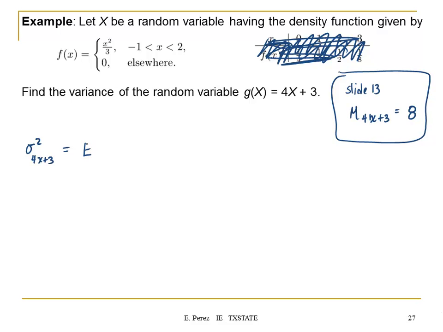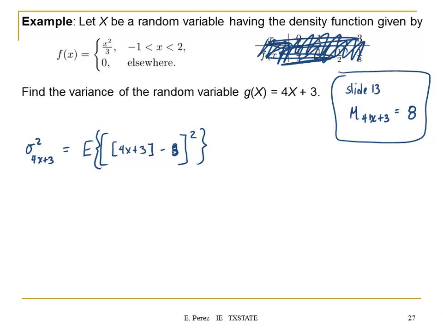So this is equal to the expectation of 4x plus 3 minus 8, squared.